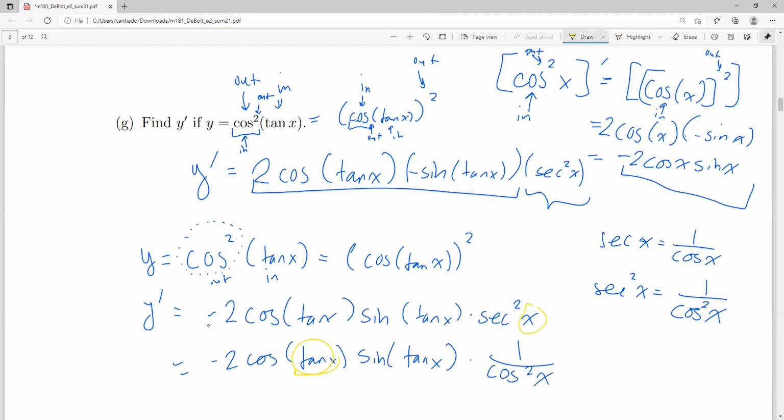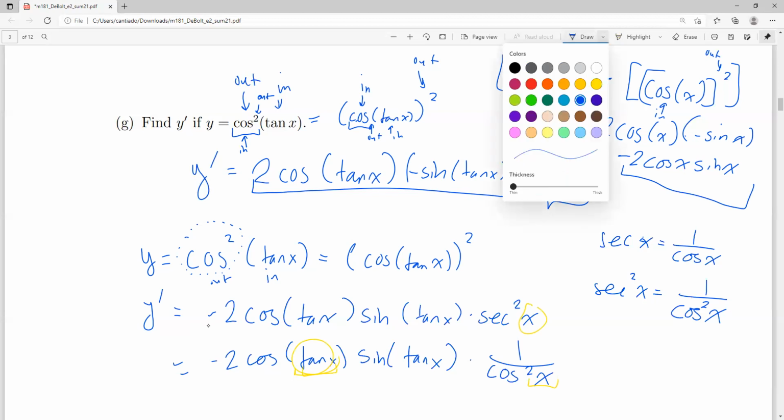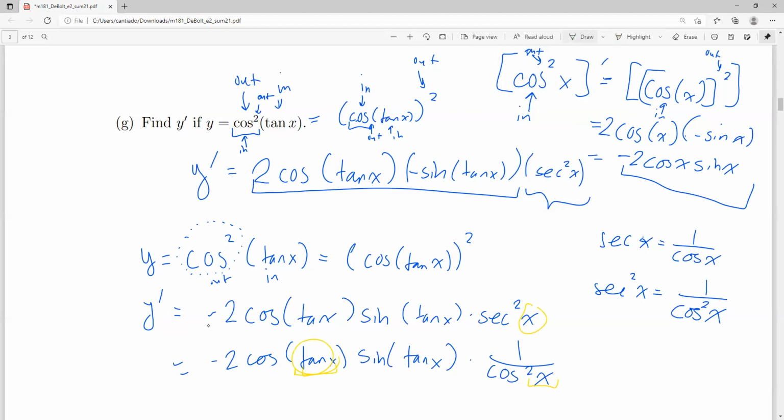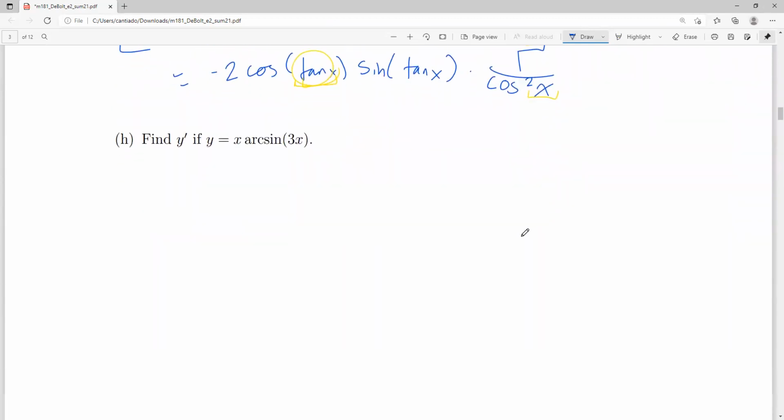Because the insides are not the same, we cannot simplify it. So I would go ahead and stop at this step right here. This would be our final answer. I thought I could simplify, but we can't because the insides are different, right? So that's something we have to always watch out for. All right, let's go ahead and move on.